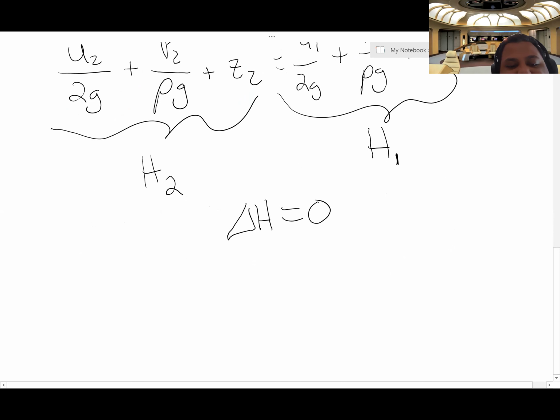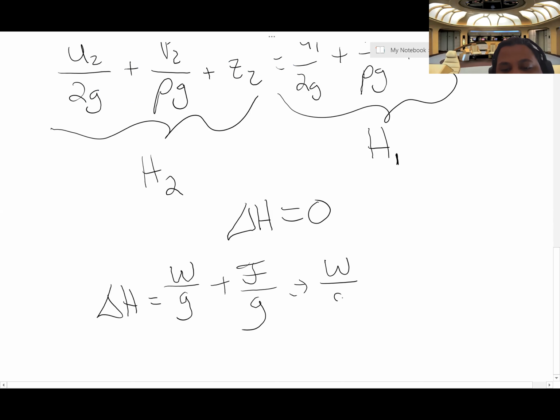And so if we're looking at any system, the change in fluid head is simply the work done on or by the system plus the friction over gravity, which indicates that we have work done on or by, and oftentimes the friction is designated H sub L, which stands for head loss.